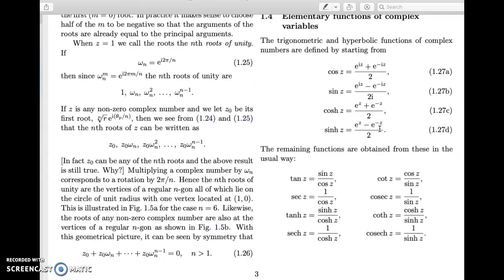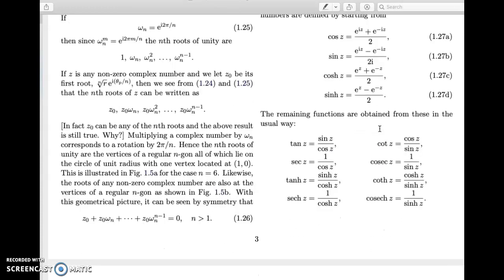The remaining trig and hyperbolic functions you just define as you would expect to define them. Now you know what sine and cos are, you just get tan, cot, sec, and cosec in the same way. Hyperbolic functions are defined in the same way. You might not have seen functions like sech before.